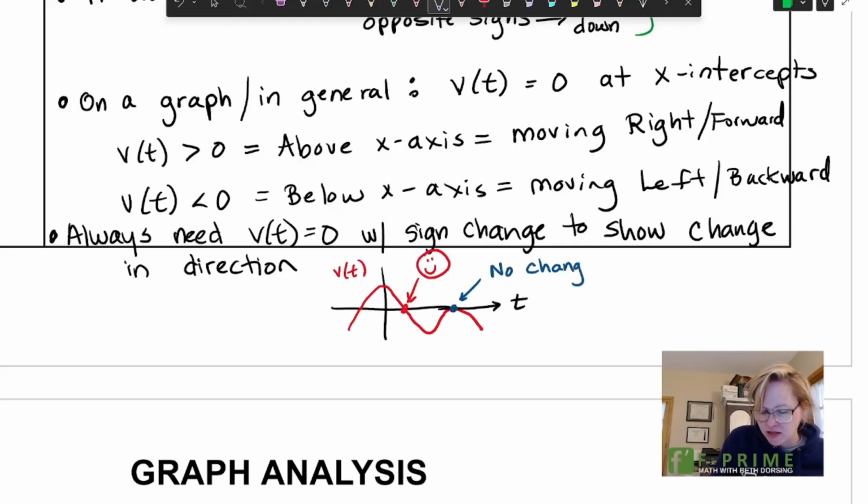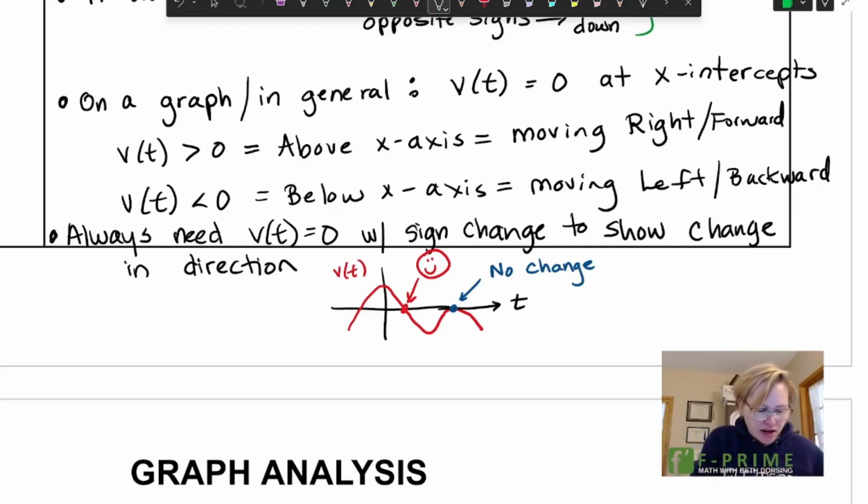It is a spot where the velocity is going to be 0, but you'll see the velocity stayed negative. So there was actually no sign change or no change in direction that we can show. So the velocity being just 0 is not enough to show a change in direction. You need both the velocity to be 0 along with a change in sign to really prove that you've changed directions.